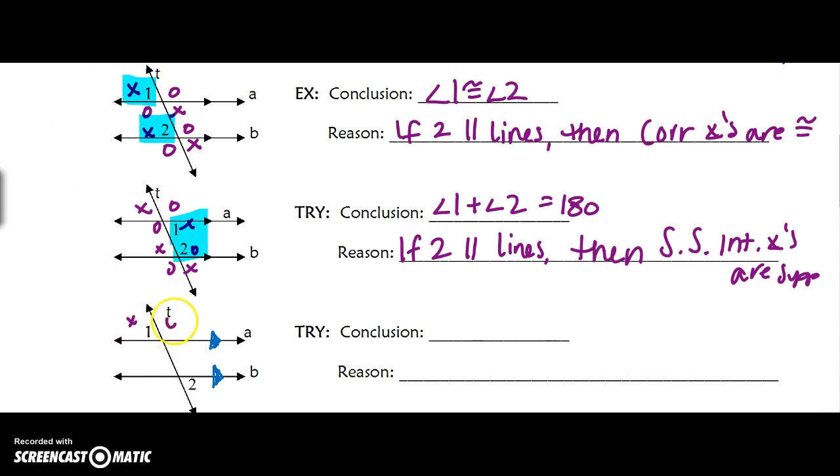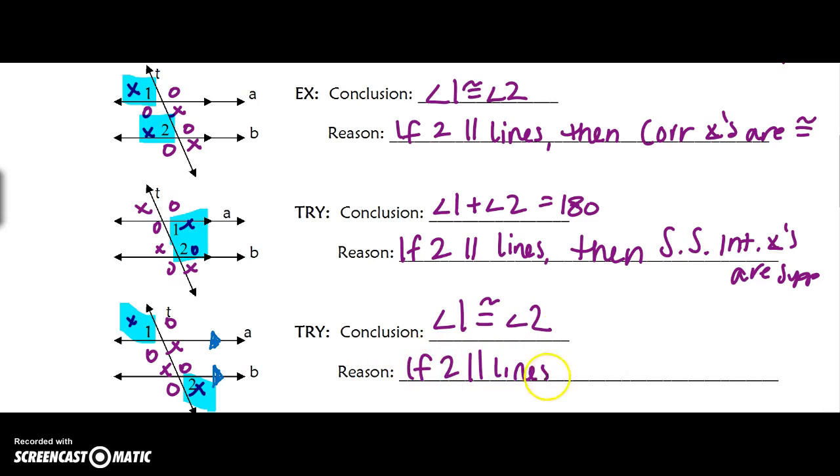And the last one, here we have XO, XO. We're looking at angle 1, which is an X, and angle 2, which is an X. So because they are the same letter, again, we're going to say angle 1 is congruent to angle 2. And we know that because if we have two parallel lines, then alternate exterior angles are congruent.